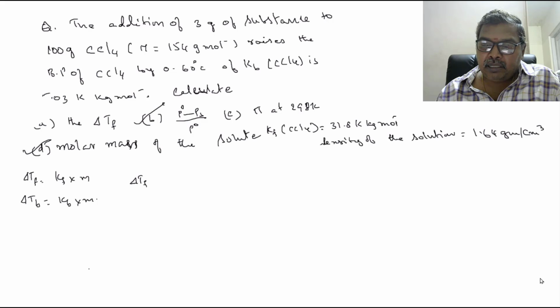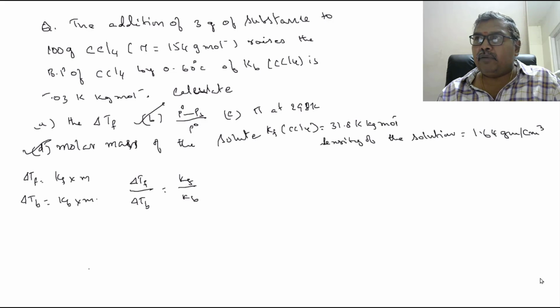Delta TF by delta TB is equal to Kf by Kb. Molarity of the solution is the same, so you can cancel it. Delta TF by delta TB equals Kf by Kb.